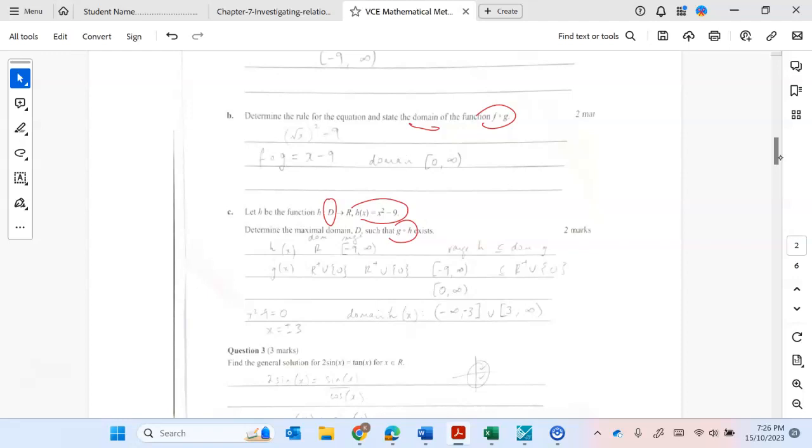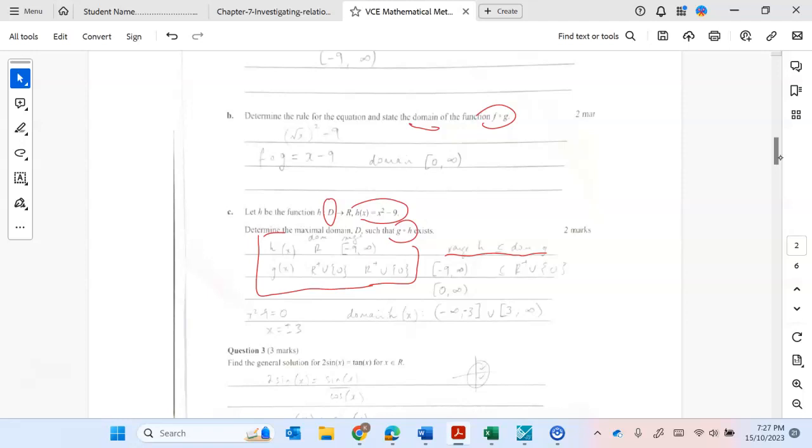So we need to consider the domain and range of both functions. So just setting up a little table like this is helpful. And we've come across questions in our trial exams that are explain why. Don't just state this, you do have to put that in, but you also have to calculate the range of h and the domain of g and say that the range of h has to be a subset of the domain of g.